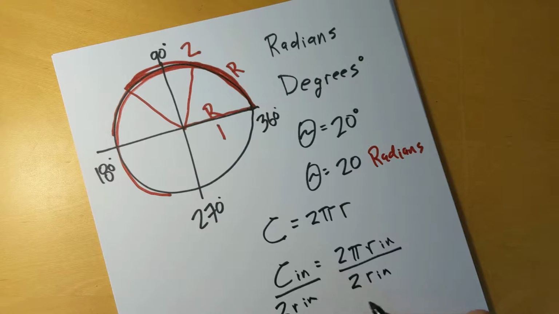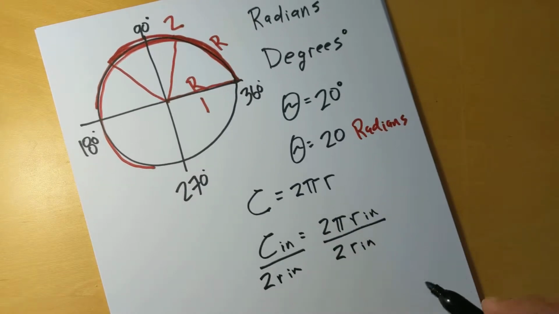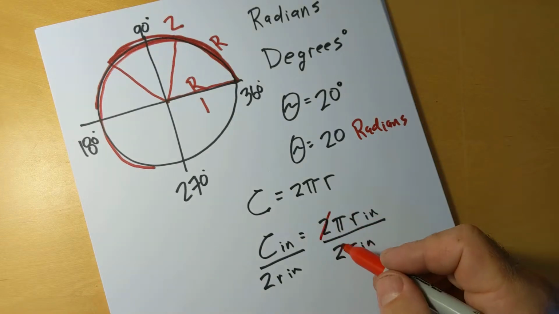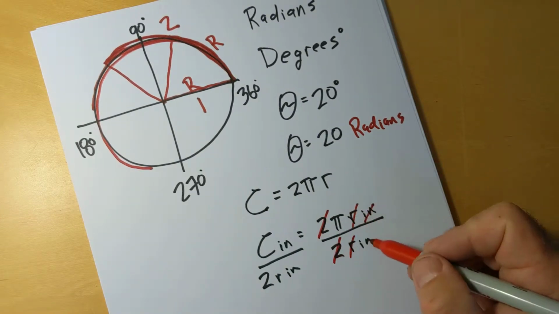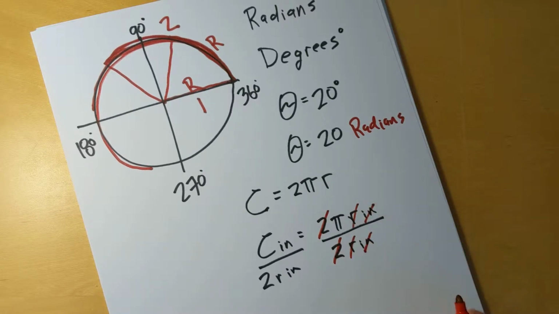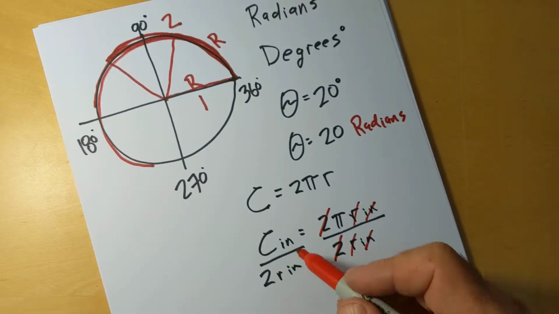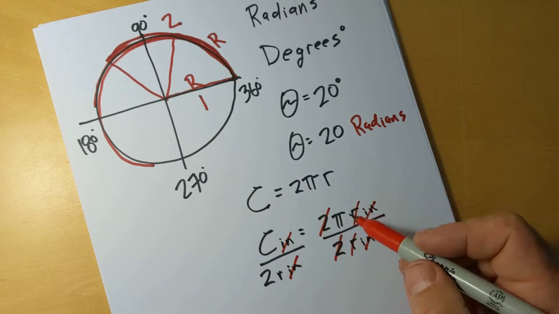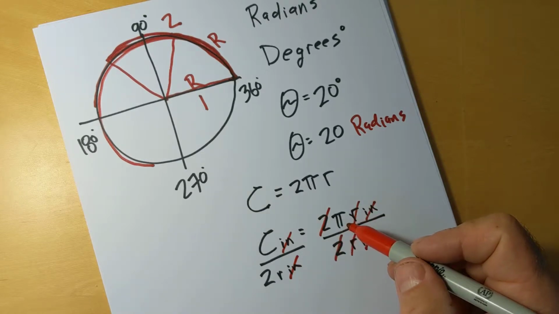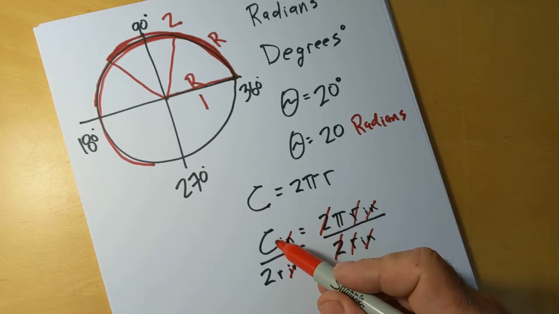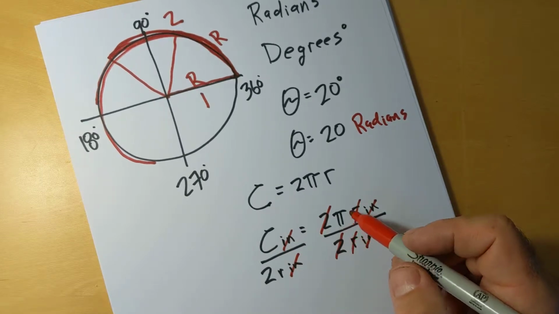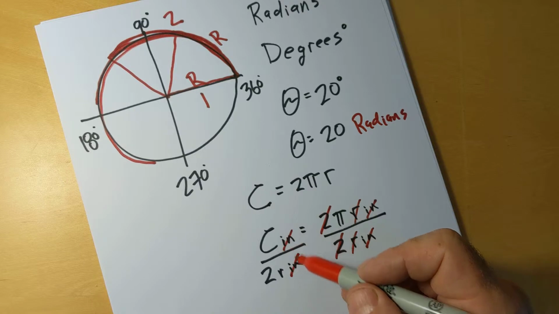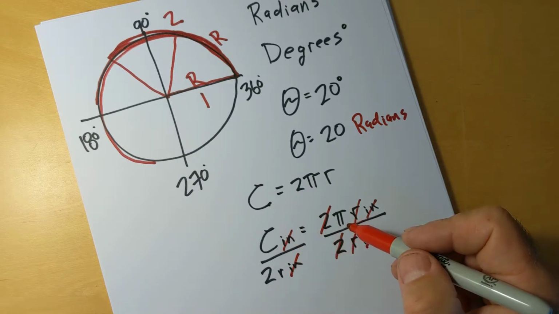Then I could see that my 2's would cancel, my radiuses would cancel, my inches would cancel, and over here on this side my inches cancel, and I could see that pi is a ratio of circumference to 2r, and there are no units attached to pi because my units have canceled out here, and that's why radians are unitless.